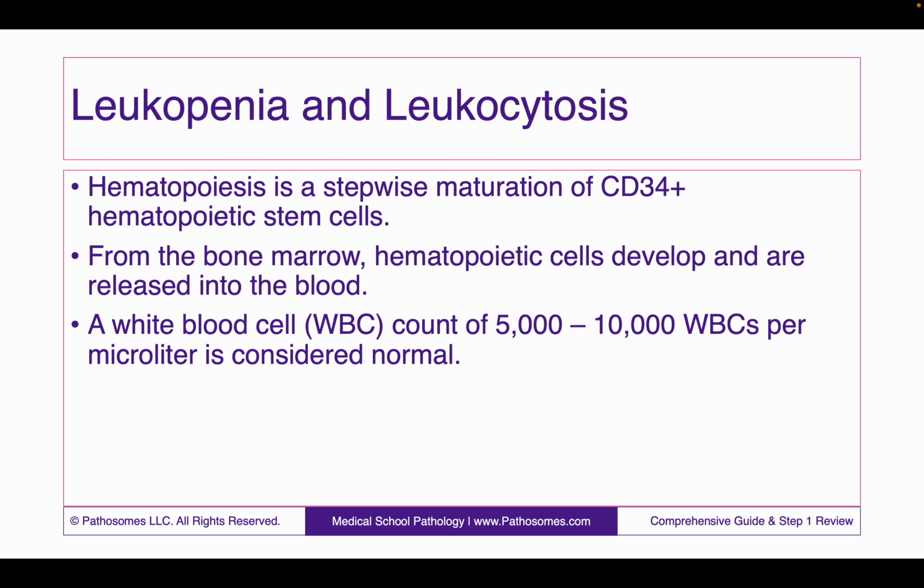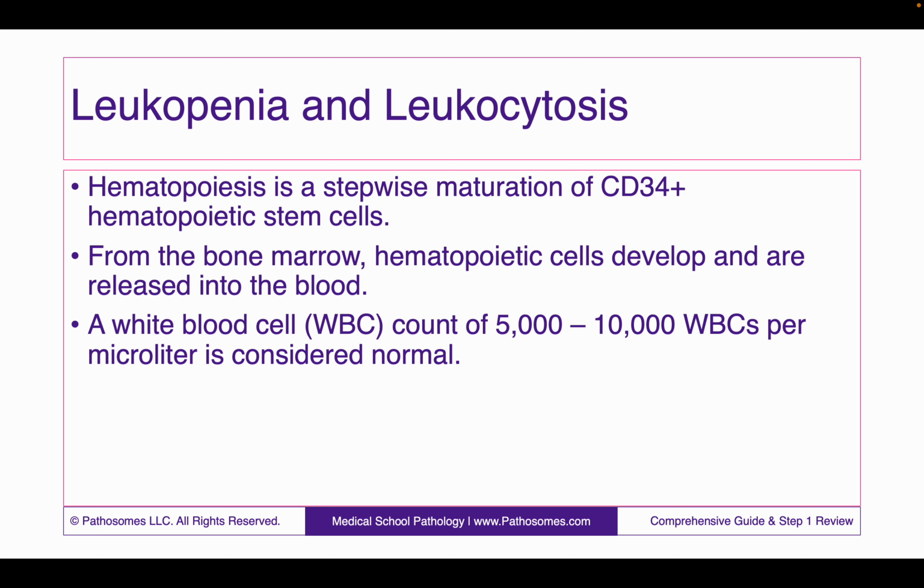Anyhow, let's talk about leukopenia and leukocytosis. Hematopoiesis is a stepwise maturation of CD34 positive hematopoietic stem cells in general. From the bone marrow, hematopoietic cells develop and are released into the blood.